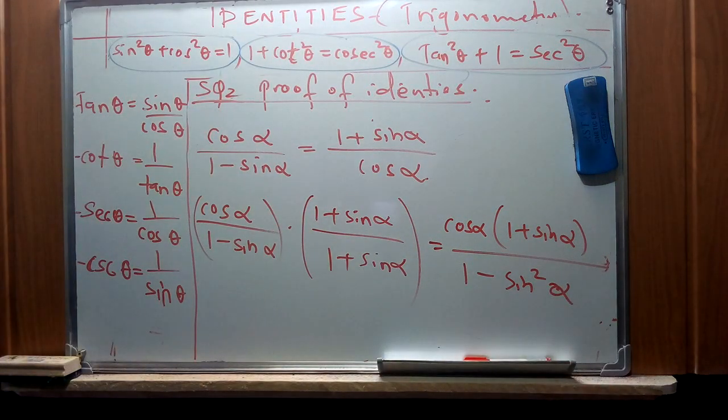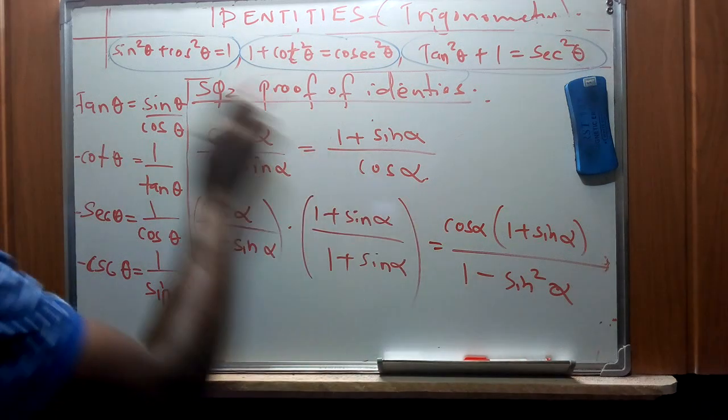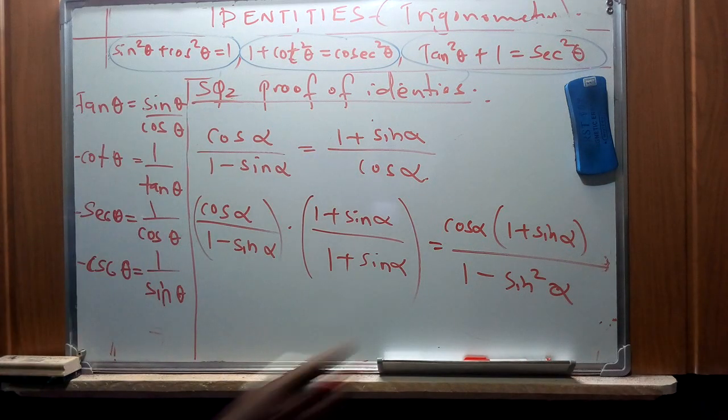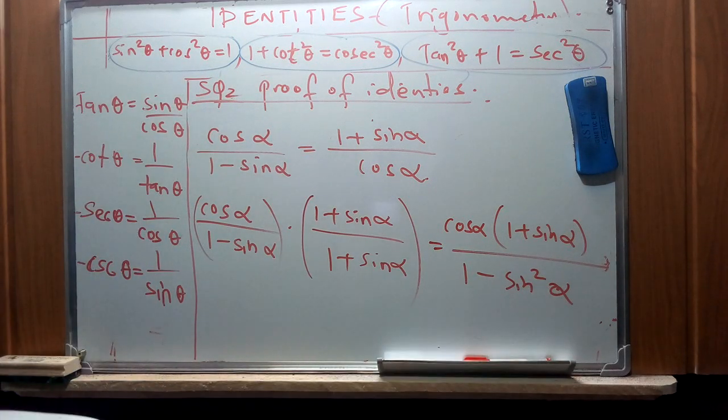If we simplify this from the first identity, we see that the denominator is going to be equivalent to the cosine squared of alpha.